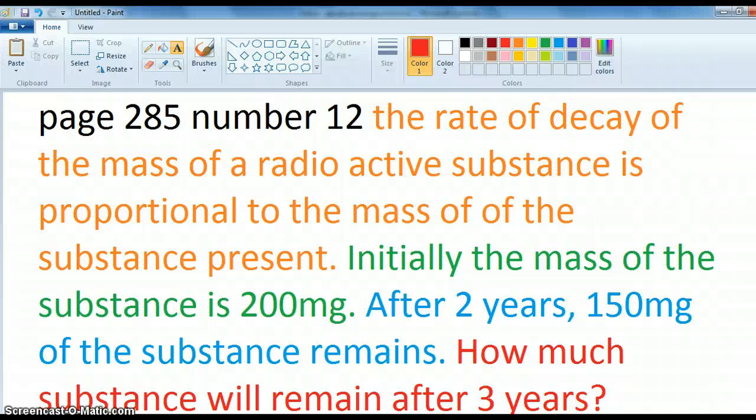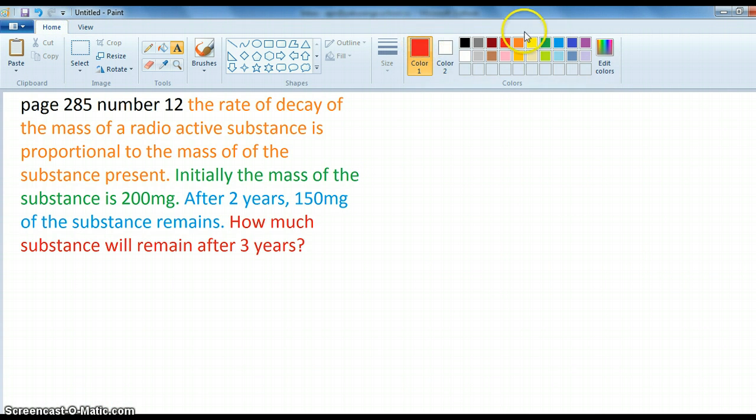Okay, for this question here, I'm going to follow the steps on page 281 because that's a very similar type of question. So first things first, we are looking at the rate of decay of the mass of a radioactive substance is proportional to the mass of the substance present.